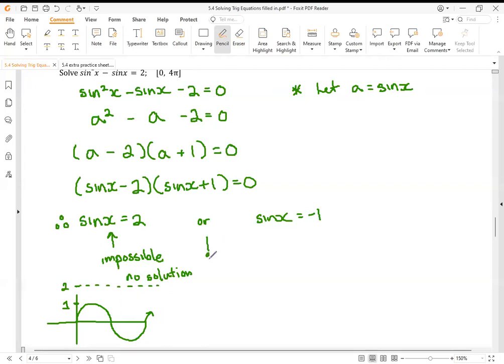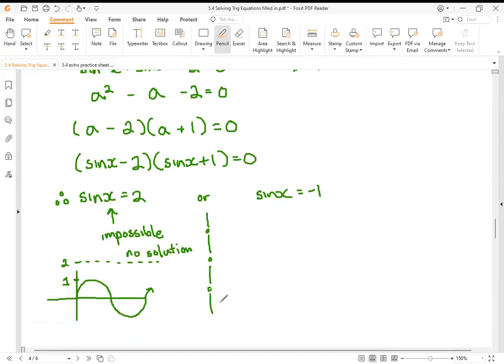So all we have to worry about is that. And using that same graph, when is sine x ever equal to -1? At a single point.